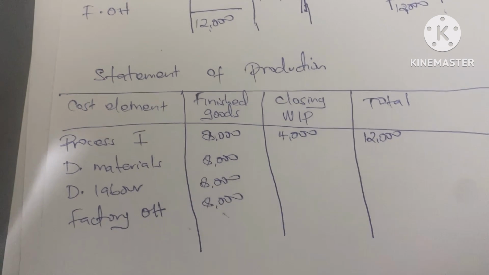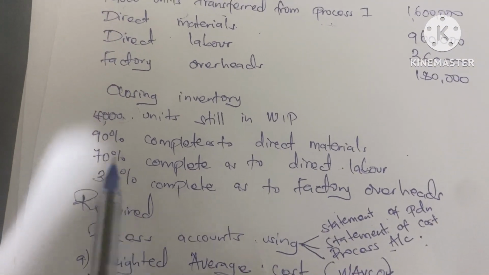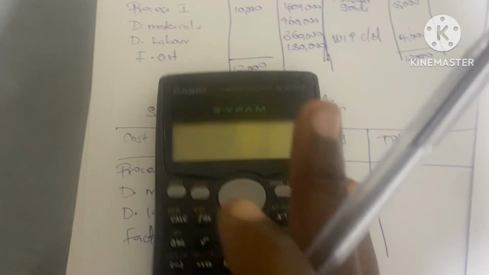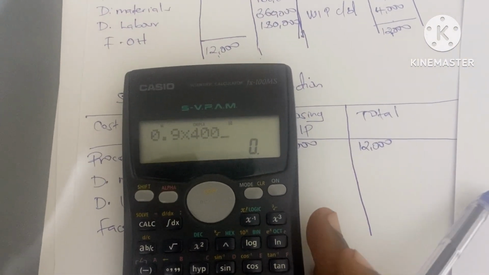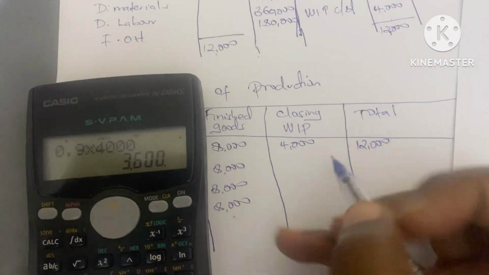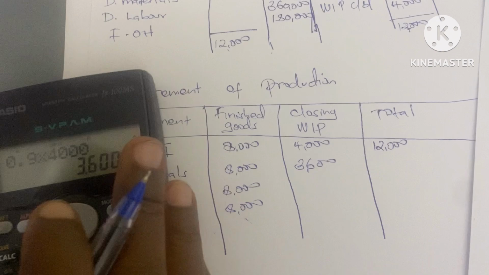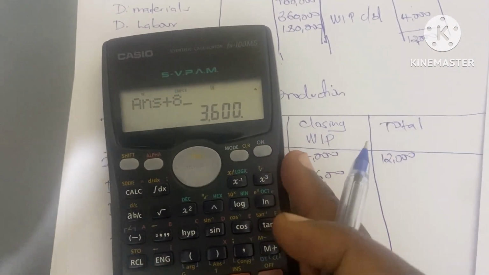Then for direct materials, they told us 90% of this. So it's 90% of 4,000, which is 3,600. Then the total will be this plus that. So plus 8,000.